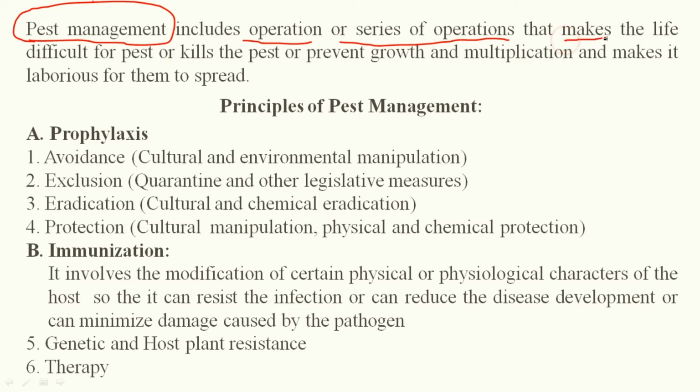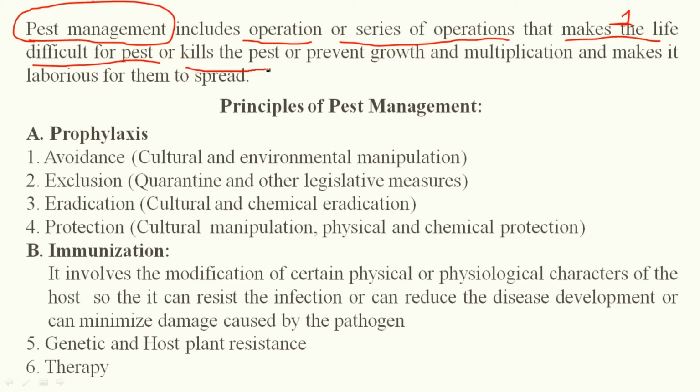The first is to make life difficult for the pest. Whatever the pest's life cycle and strategy of growth, we will manipulate things so that their life development strategy becomes difficult. The environment or the techniques will become like that. This is the first point.